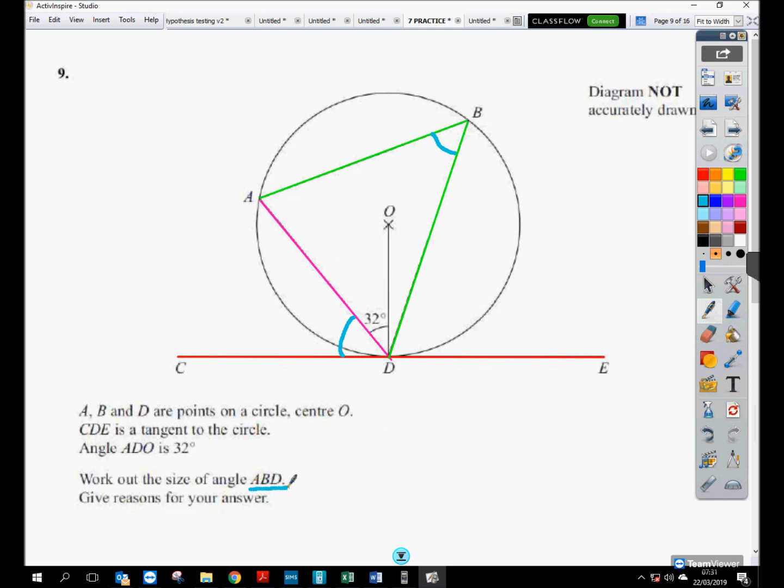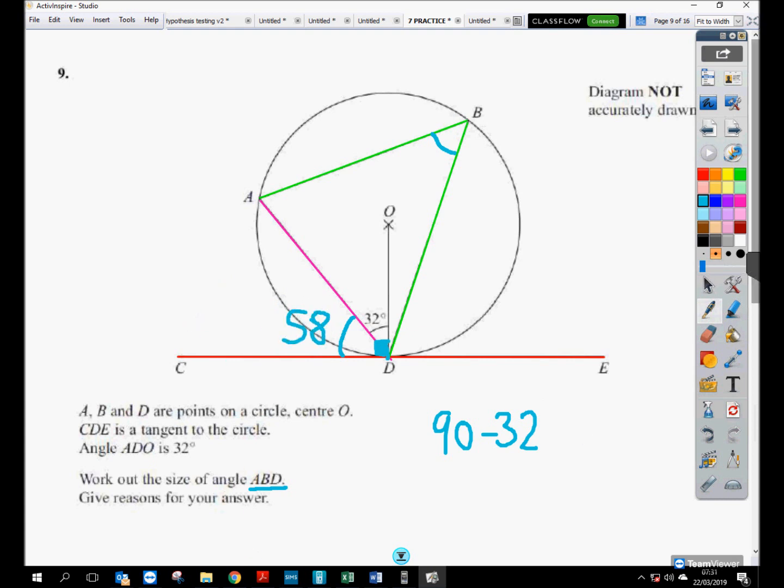And in this question, it asks me to work out angle ABD. Right? So I want to know what this angle is. We have a radius here as well. A radius and a tangent meet at 90 degrees. So there's a 90-degree angle here. And that means I can work out this one here by subtracting 32 from 90, which will give me 58.